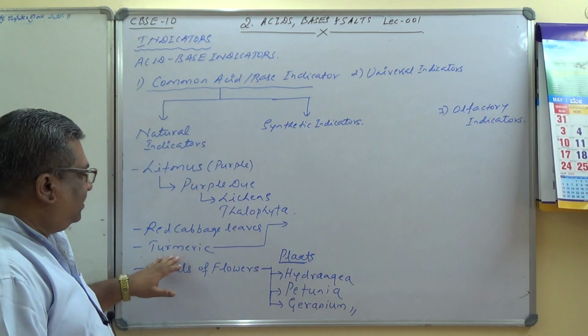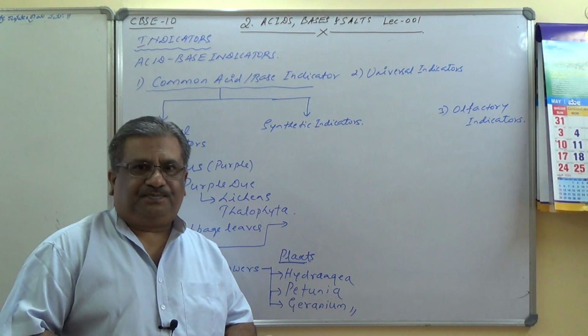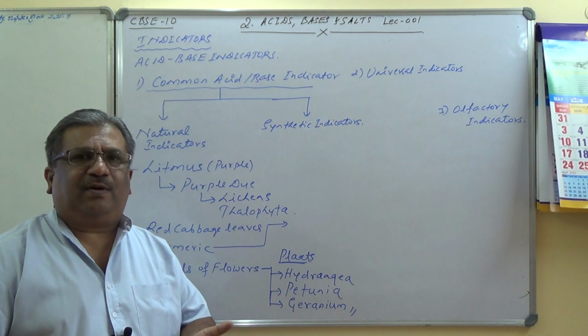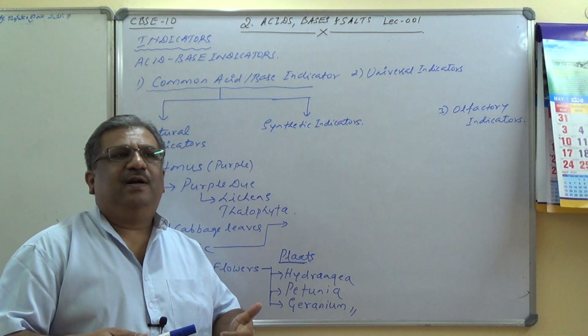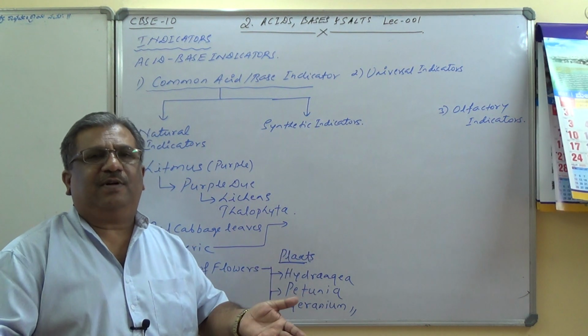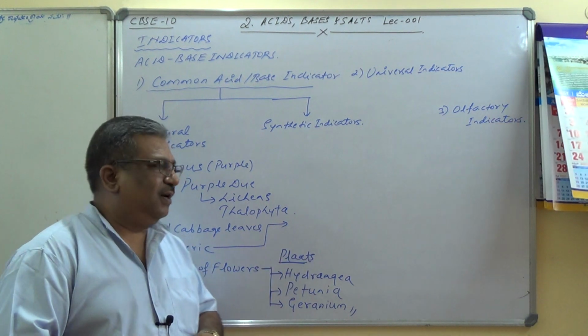So if the substances are basic in nature, turmeric changes its color to red or reddish brown. After rinsing with plenty of water, it will go back to yellow, which is the original color. Otherwise it will show reddish brown in color.